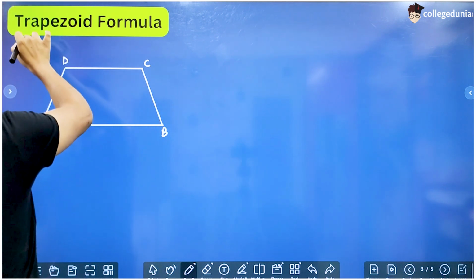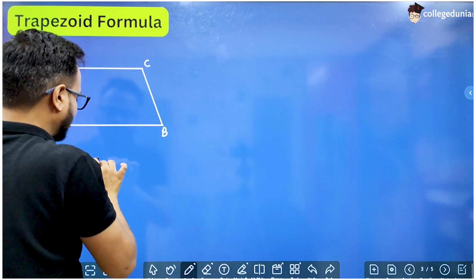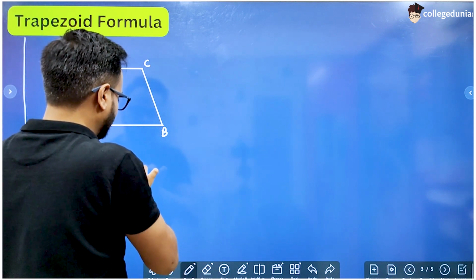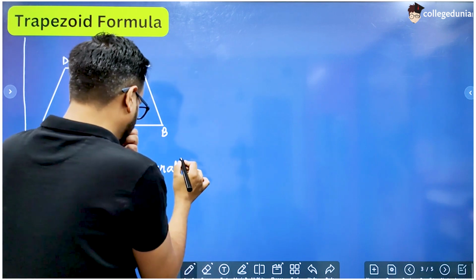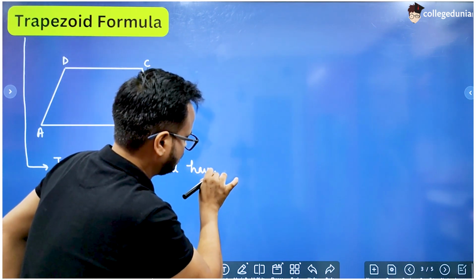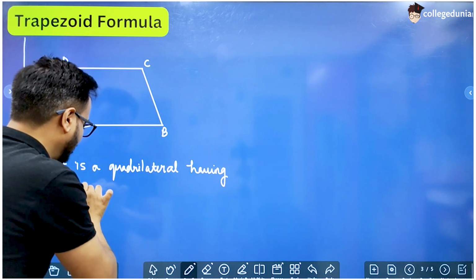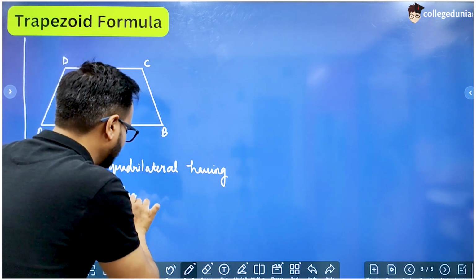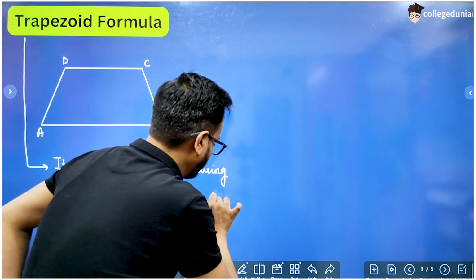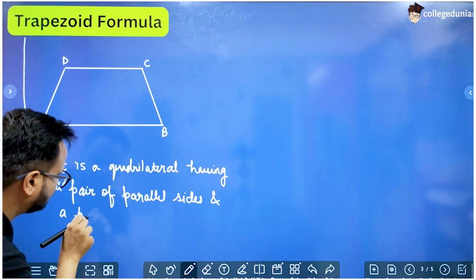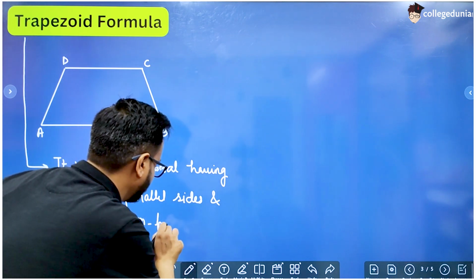So we can define it like this. It is a quadrilateral having a pair of parallel sides and a pair of non-parallel sides.